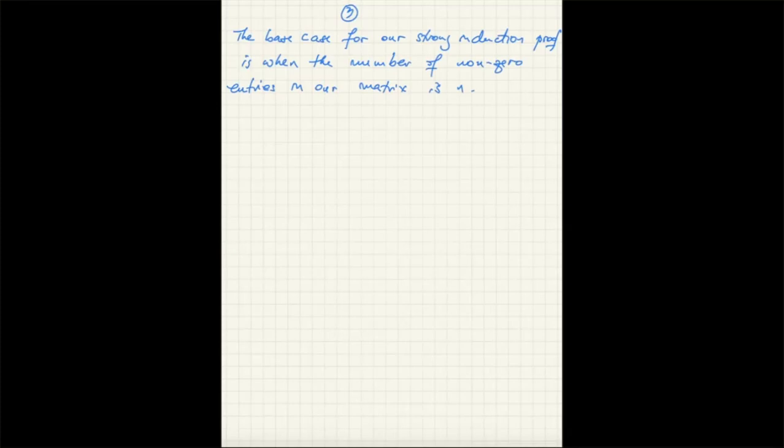But by the previous observation, this is the same as A being a permutation matrix. And a permutation matrix is a linear combination of permutation matrices. So the base case is true.